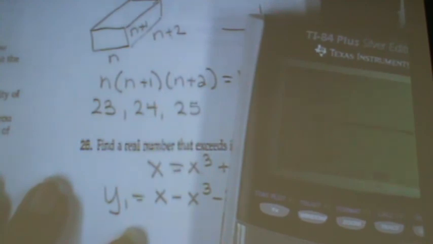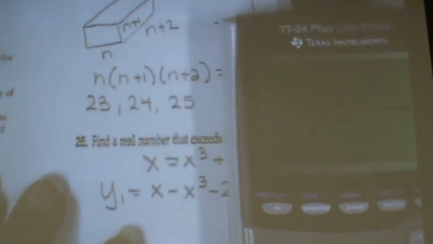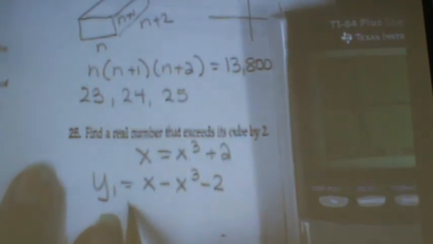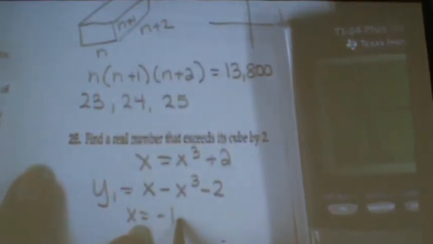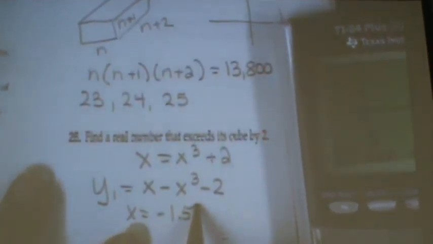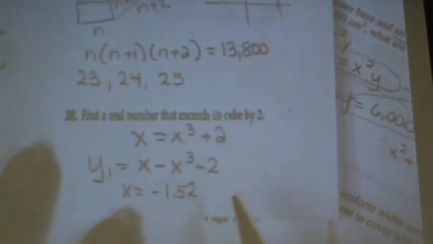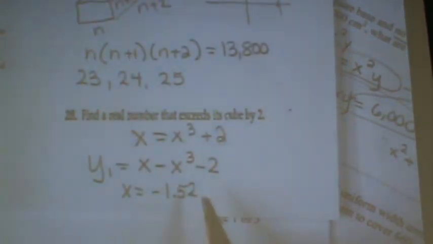It's the first one, where we're going to use the negative answer. I'm going to say left bound is -3, enter, and the right bound is 0. Hit enter, and your answer is -1.52. That is the number that if you cube it, the cube will exceed it by 2.